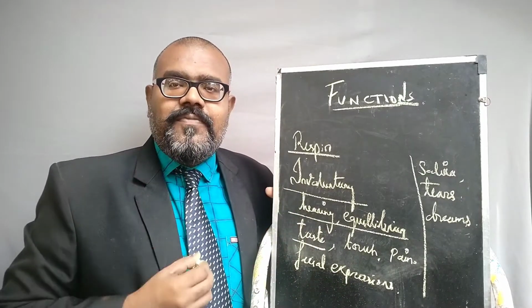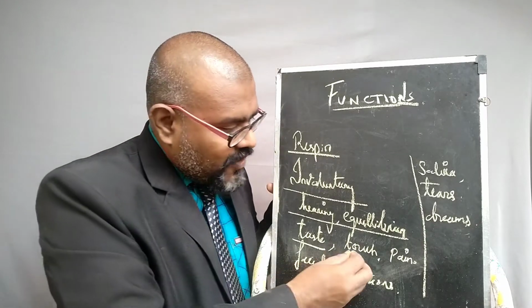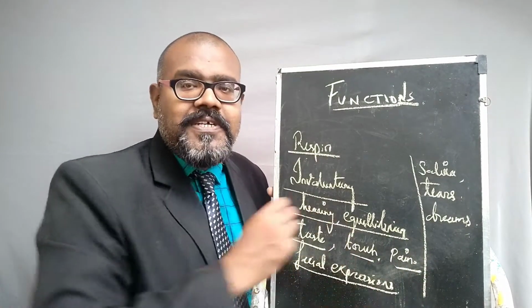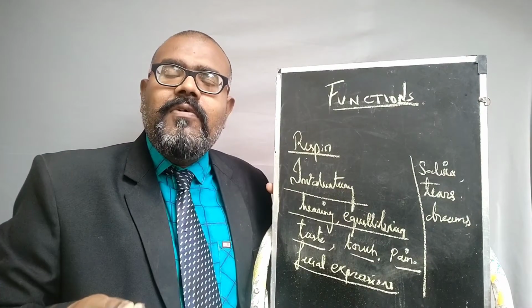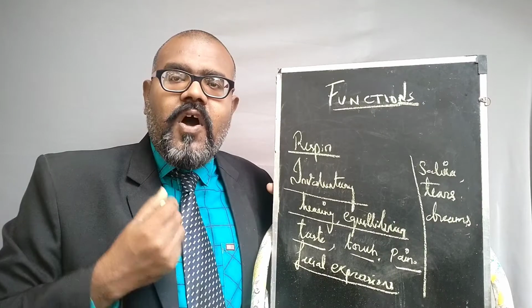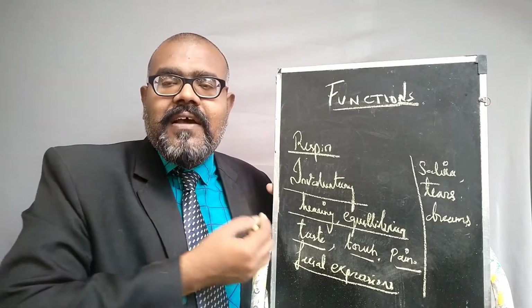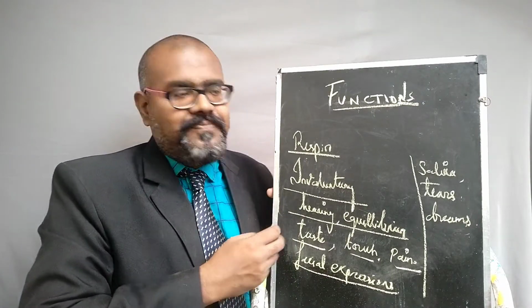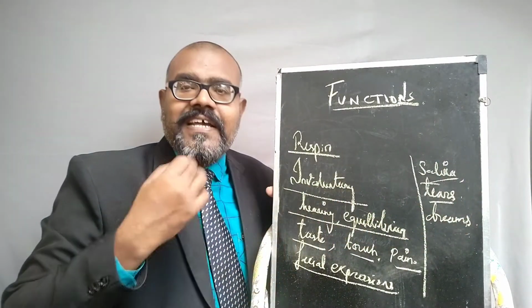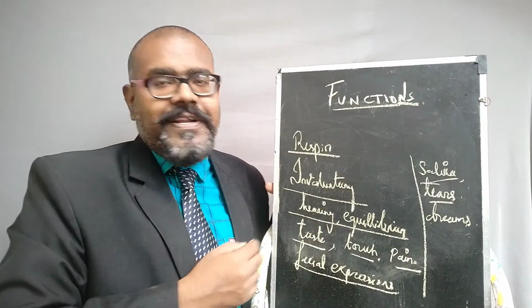Your taste, your smell, your touch, your pain, your facial expressions while you are going to eat something, swallowing, chewing, all the facial reactions can be controlled by this particular pons. Then, most importantly, the saliva secretion is controlled by this pons.